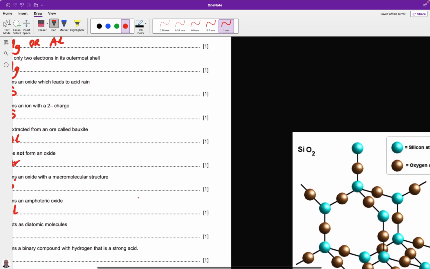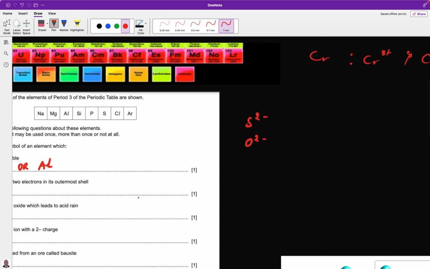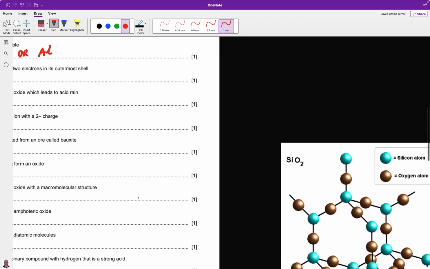For instance, a diatomic is an element like this, X2, so a covalent bond is formed between the 2 atoms of X. An example is chlorine. Chlorine is a diatomic molecule, so it will form a covalent bond between the 2 atoms.